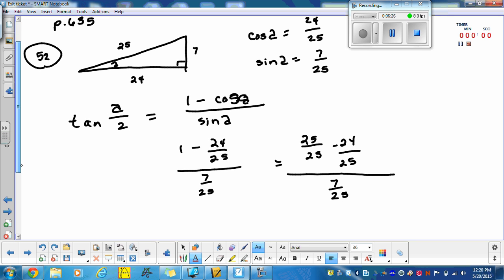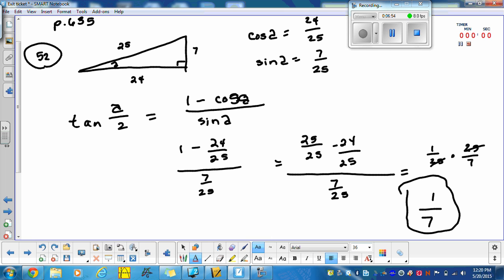One of the reasons I like this one is we don't have to worry about the plus and the minus as you do in the first one for the tangent. So on this, we're going to get 1/25 divided by 7/25. If you remember, that's multiplying by the reciprocal, so you have to flip this upside down. The 25's cancel, and we get a final answer of 1/7. And again, with this particular tangent formula, we don't have to worry about plus and minus.